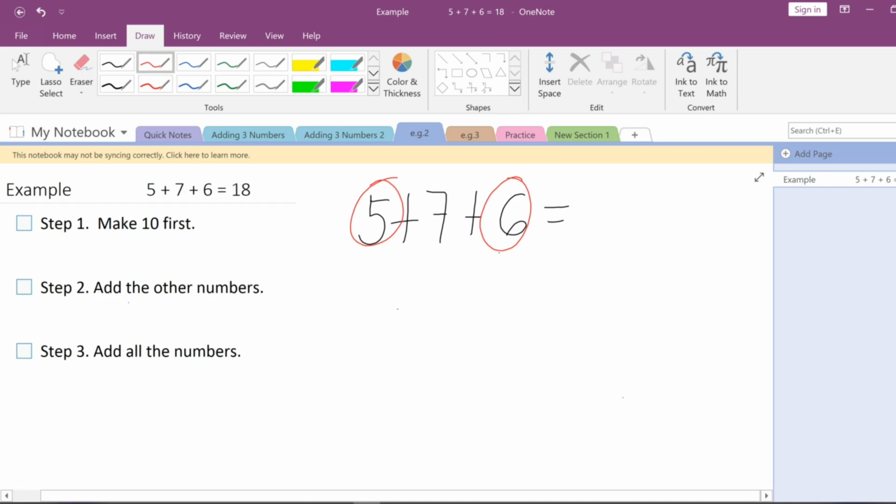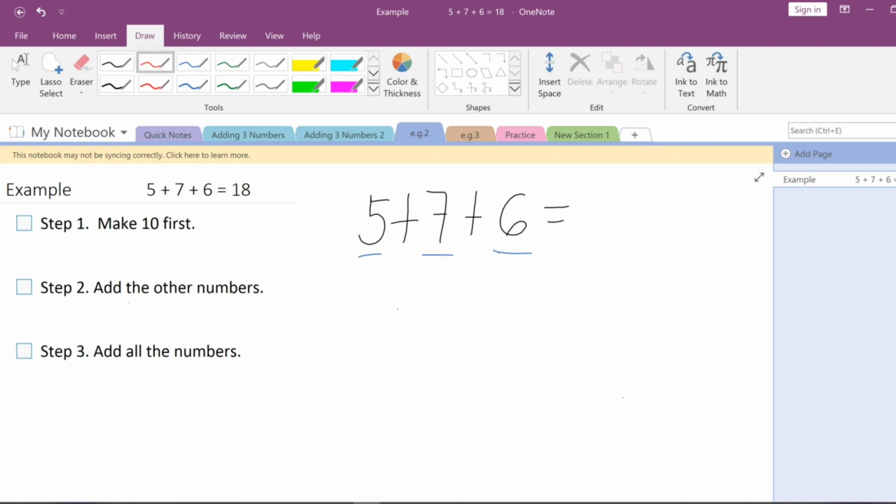Is it equal to 10? Still no, it's more than 10. So what do we do? If we cannot find any numbers that would make 10, then we have to create one. We can choose any of these numbers, 5, 7, or 6, to start.